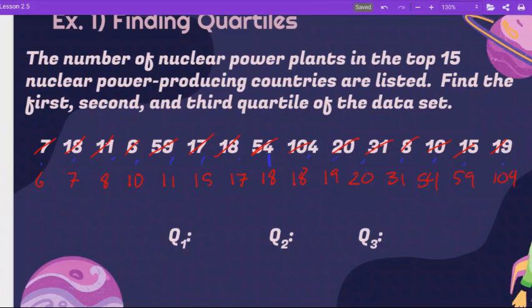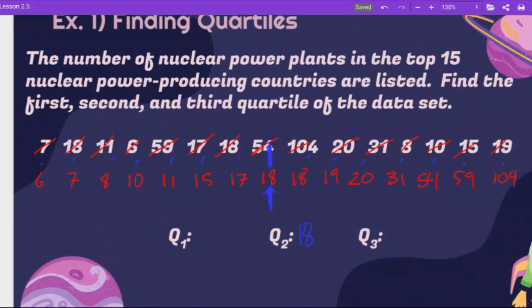So right here, 18 is going to be our median. So that means that 18 is quartile 2. So that is our median. Okay. And so what that did is it split our data in half. So half of my data is to the left of 18 and half of my data is to the right of 18.